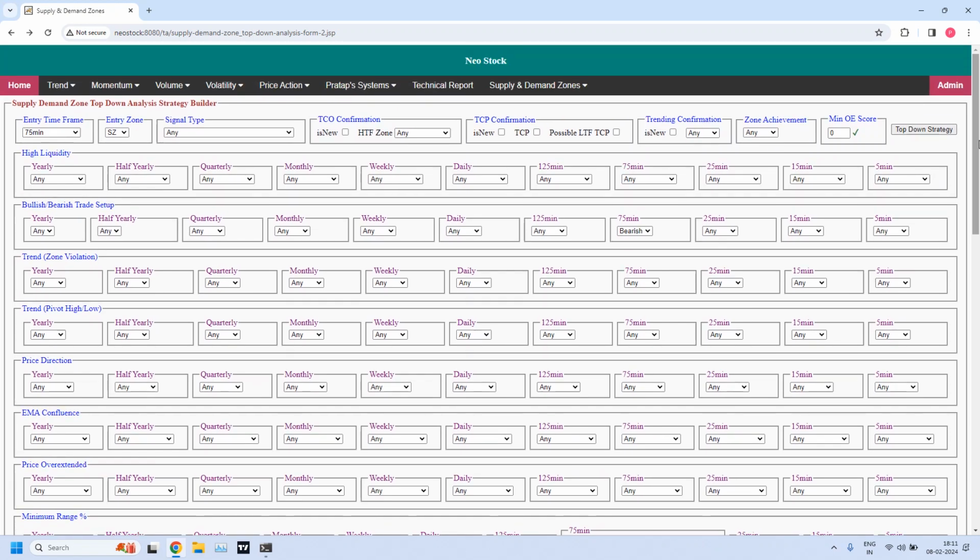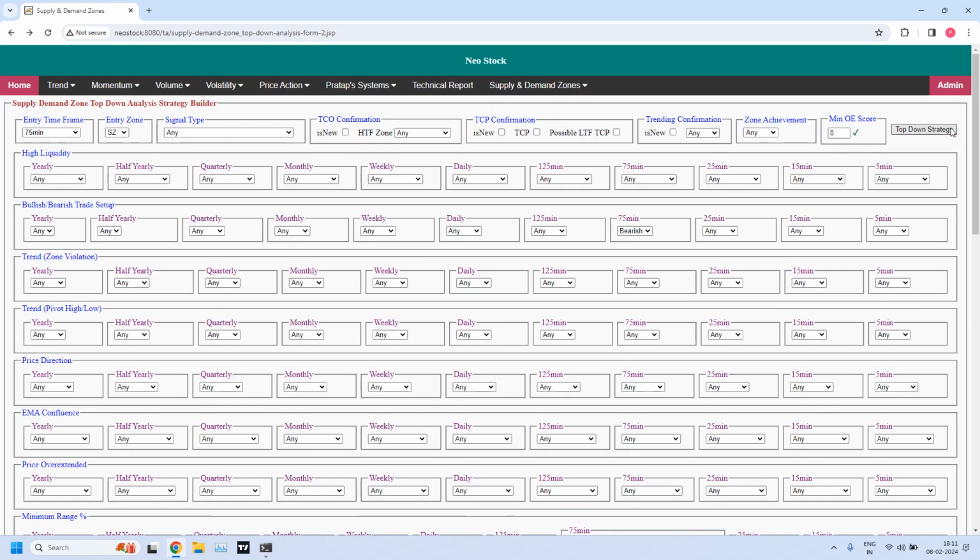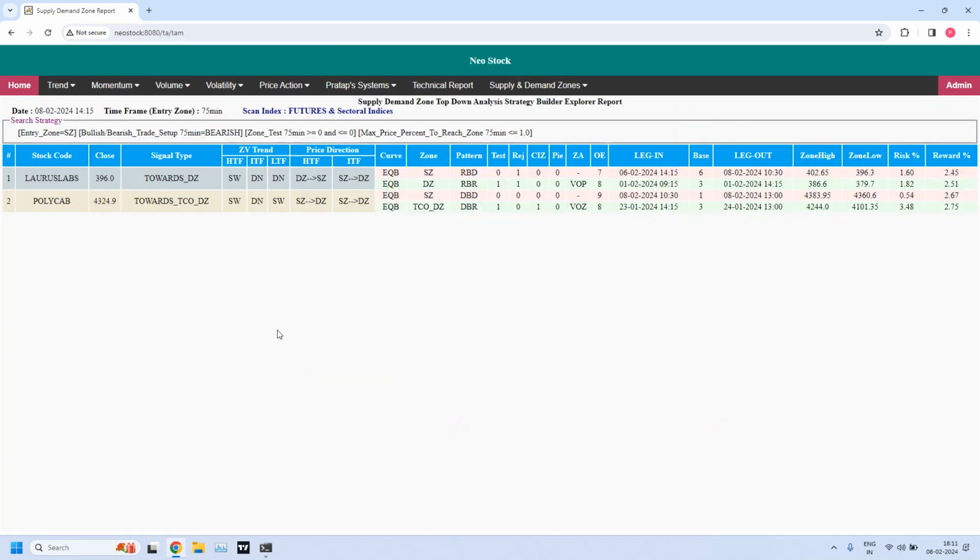So these two stocks are there. But reward is 2.45%.